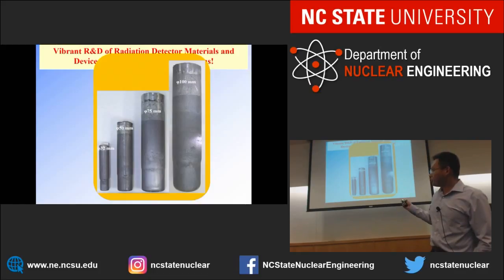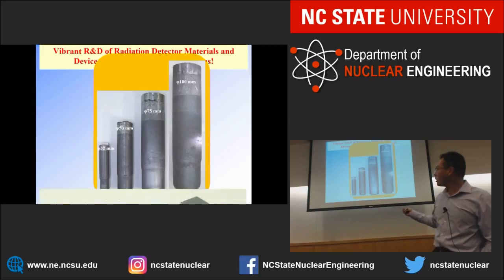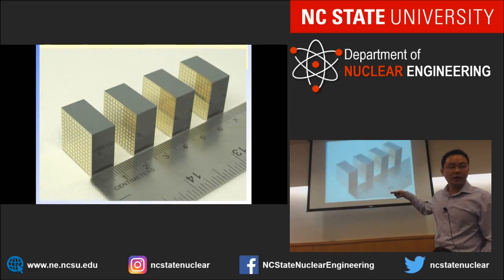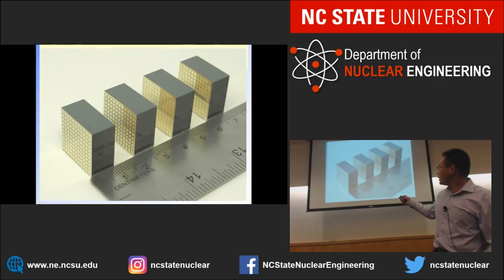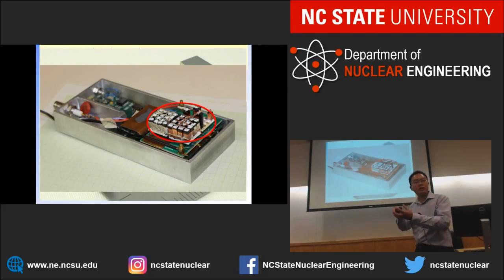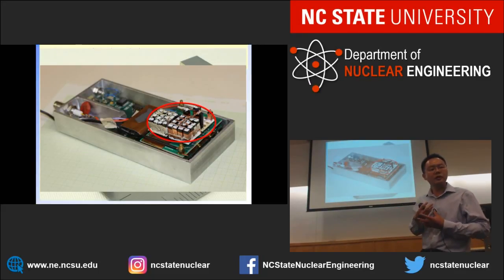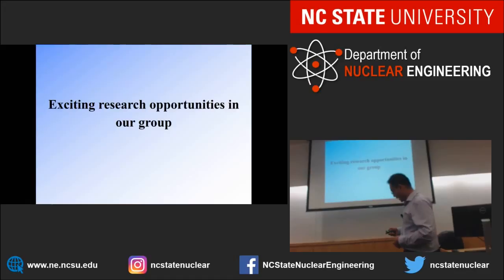From the detector material, we then cut and polish, deposit the electrodes, then fabricate that into modules. And then we assemble those modules into devices, like you can see here, and put them into a system.